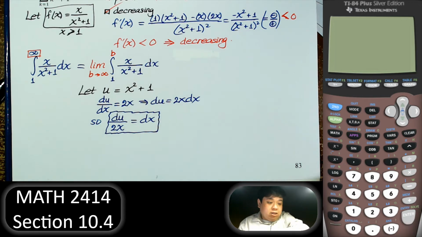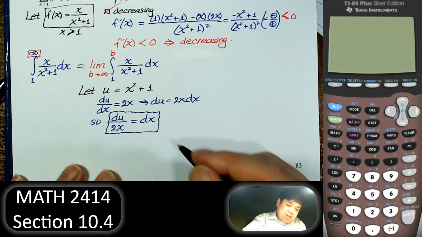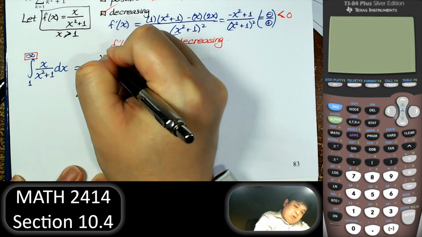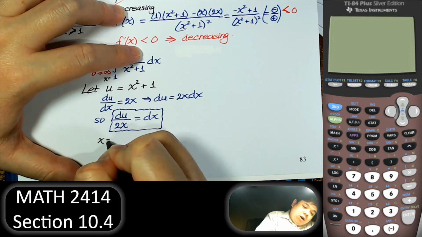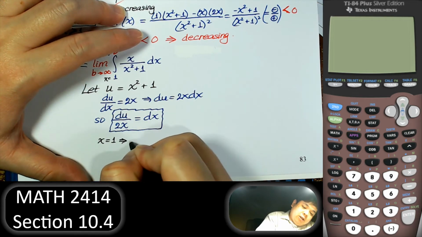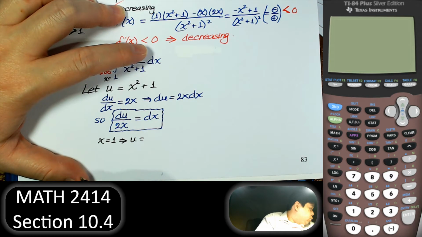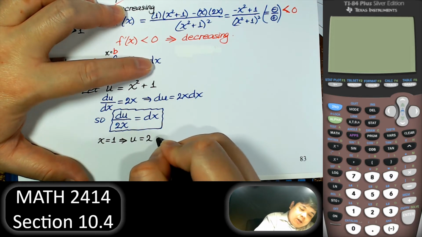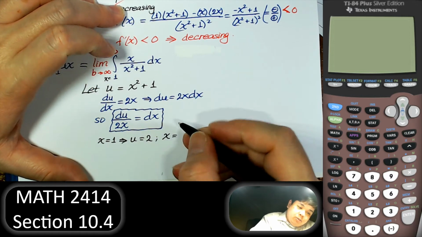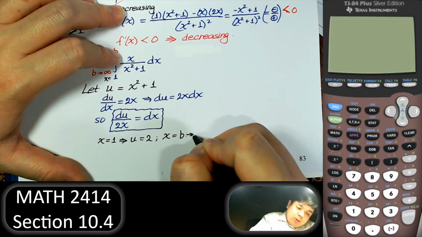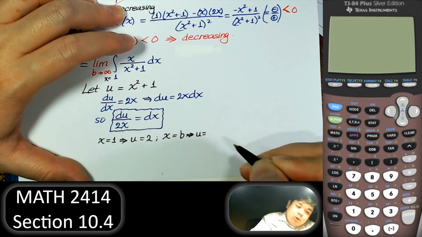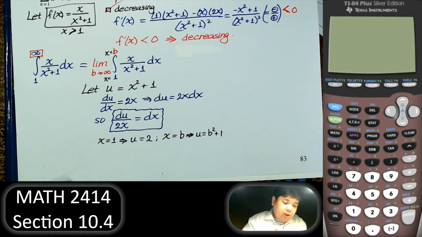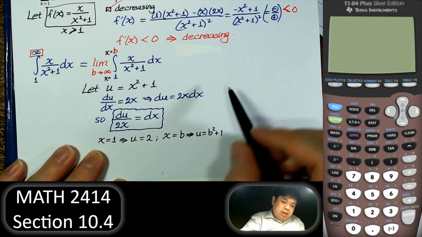Now changing the limits. x equal to 1 to x equal to b. When x equal to 1, u is 1 squared plus 1, which is 2. And when x equal to b, u is equal to b squared plus 1. Just put b in here, and that's what we have.